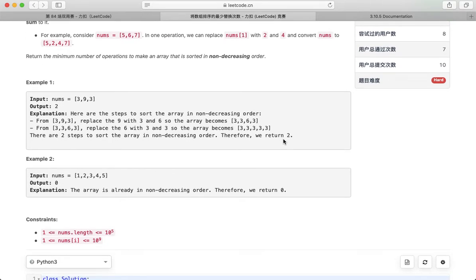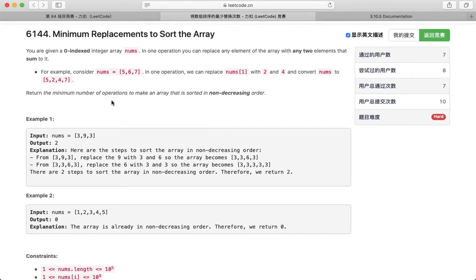So it's easier to reason in the way that we sorted in... what am I talking about? So if we go from back to front, we want to make it in non-increasing order.